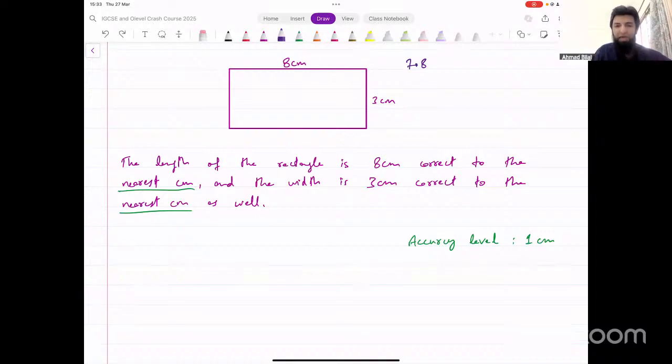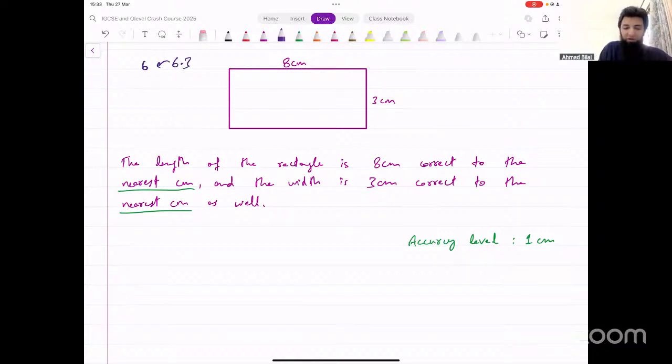So even if the actual length was 7.8, using the measurement tool that we've got, correct to 1 centimeter, this is going to be 8 centimeters. On the other hand, if you had 6.3, that would round off to 6.